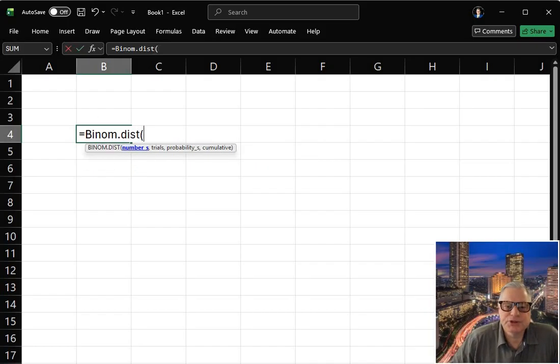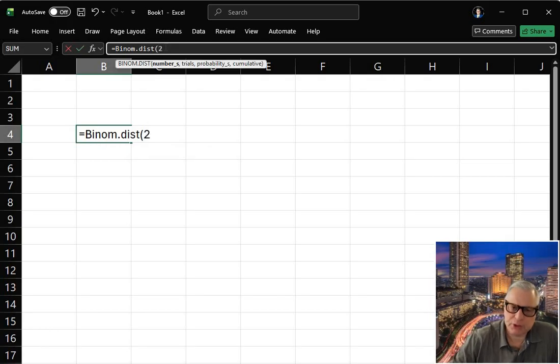It tells you what's the number of successes. So let's stay with the example: what's the probability that you get exactly 2 girls when you have 3 children? So the number of successes would be 2, comma, the number of trials, well, 3.